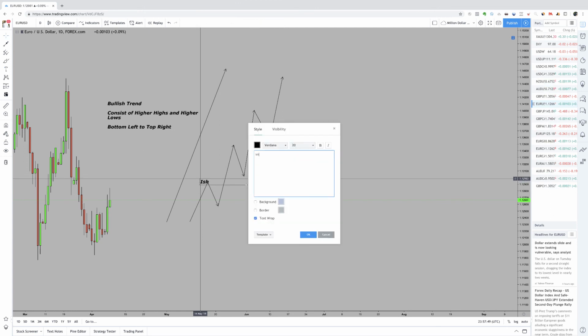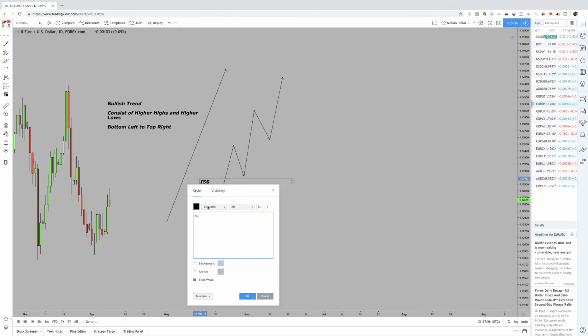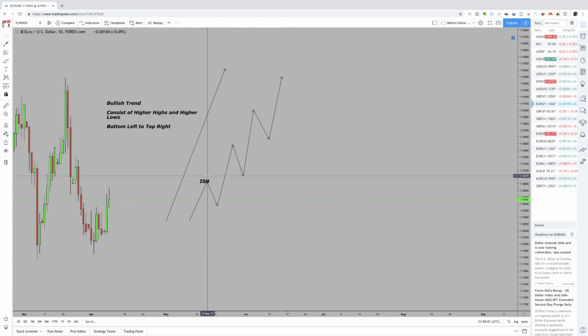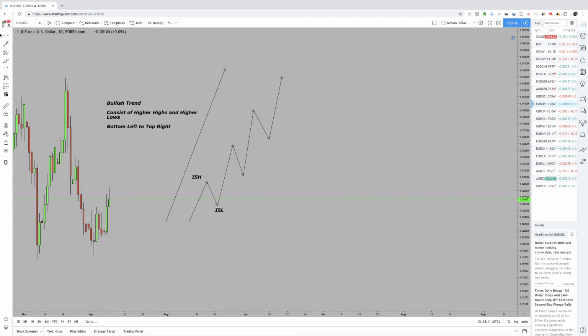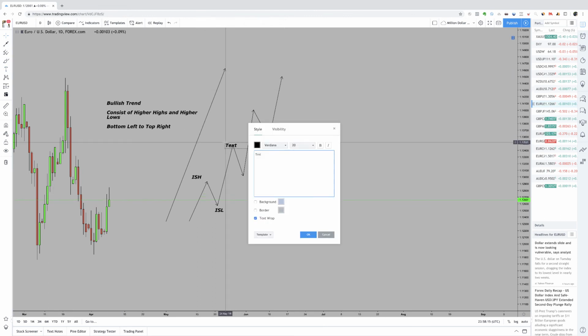We're going to call this first one an initial structure high, and this an initial structure low. Now this is where the trend starts, you all. You got a new structure, we're just going to call it a new structure high.